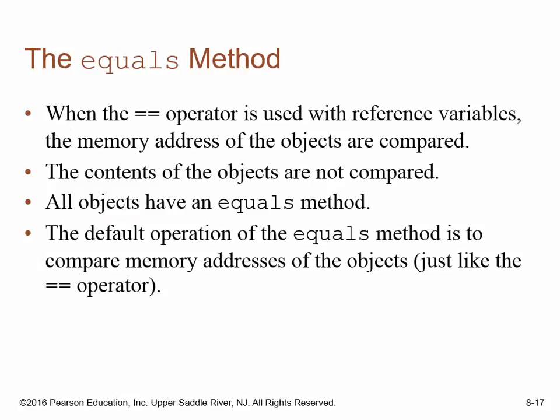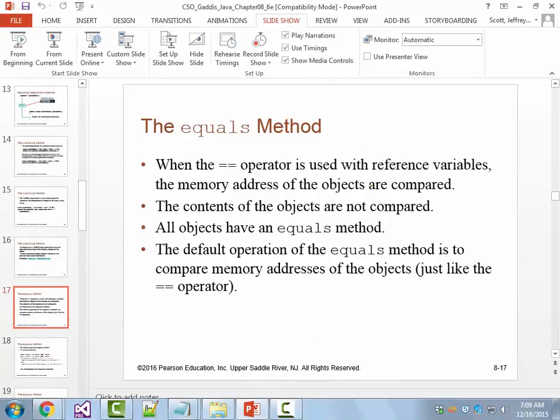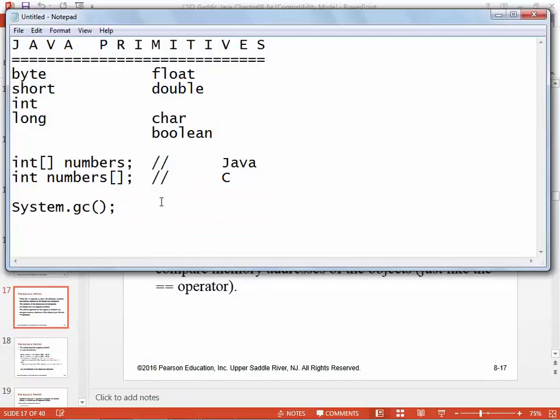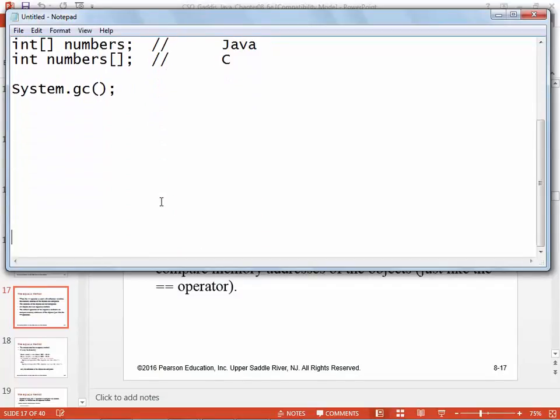All right. The equals method, we've talked about this before, but I want to show a similar example to one I've shown you earlier, and that is this. If I come through here and I say string name1 equals Jeff. String name2 equals Jeff.